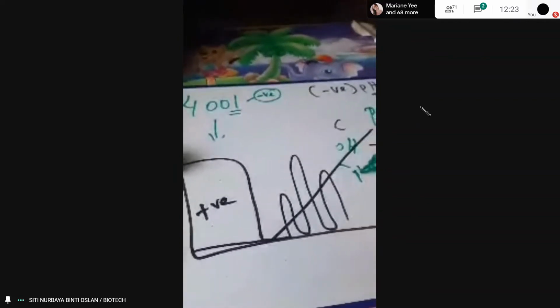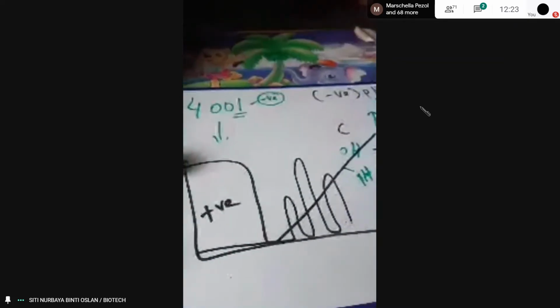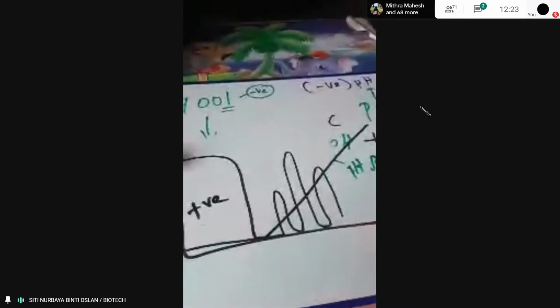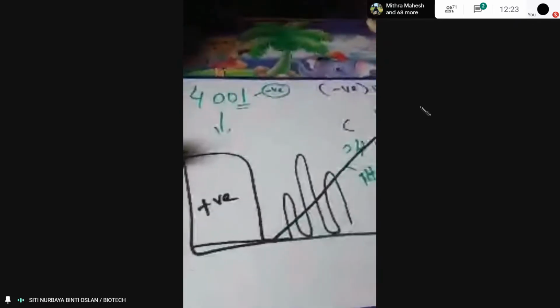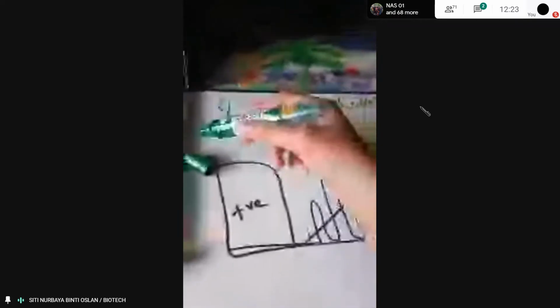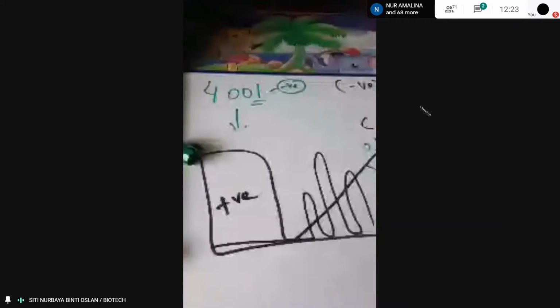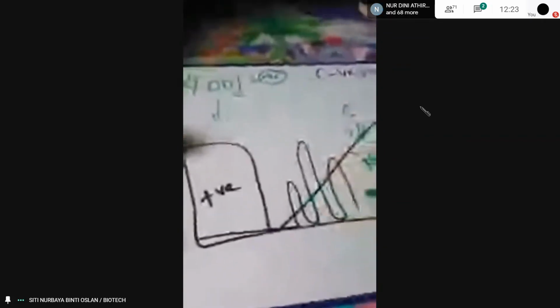If it is higher, the proteins will have more affinity towards the negatively charged matrix, and the salt that we apply will be more negative than the protein.